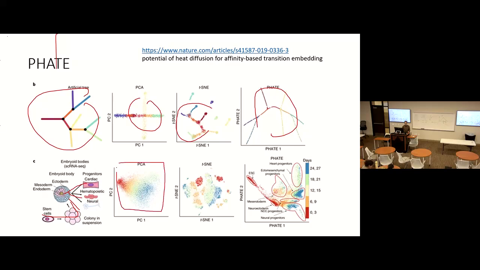PCA gave you this separation of different time points, and t-SNE just gave you isolated structures of the clusters. Well, PHATE will keep the original developmental trajectory. So you see from the stem cell to everything else, it's very clear because you follow the development time.